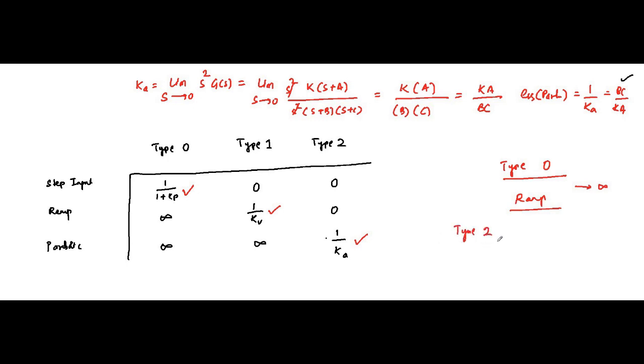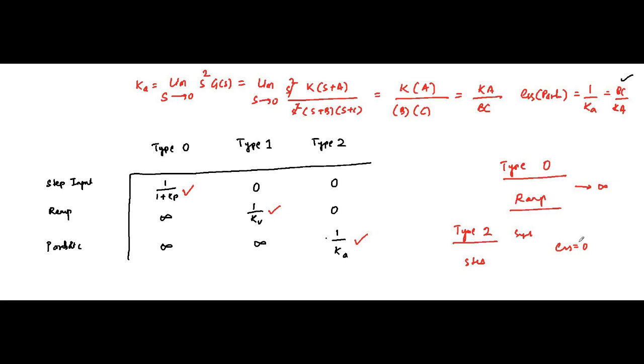Similarly, if in the question you see a type 2 system and it is said that a step input is applied, quickly you will draw this table: type 2, step input, it means that the steady state error is equal to 0. You don't need to do all the calculations.